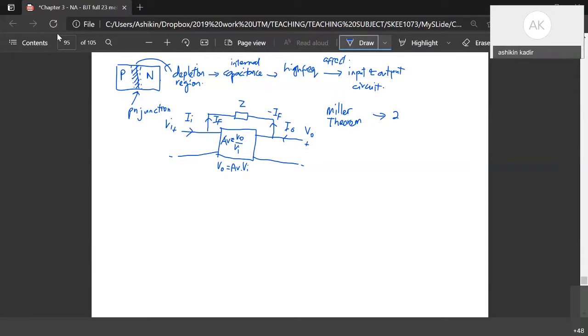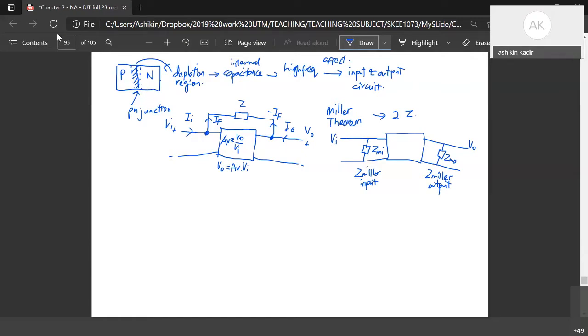Here is the input node and here is the output node. At these two nodes we represent it with two Z, this is the Miller input, and here is the V out and here is your V in.